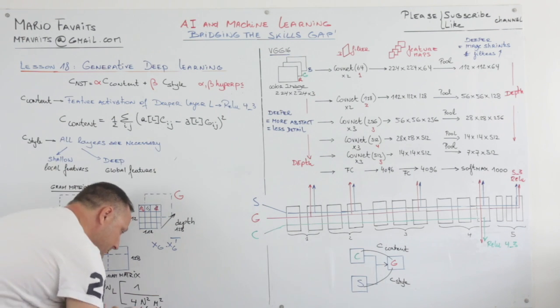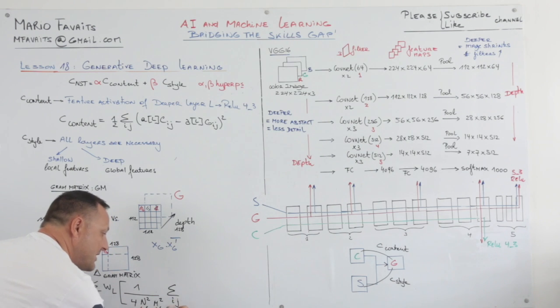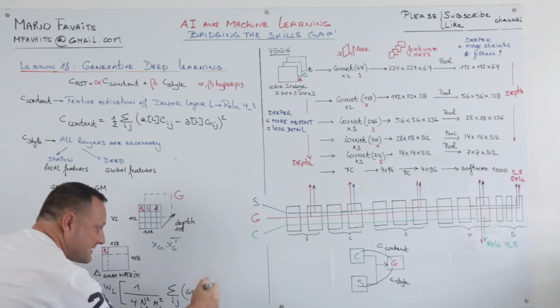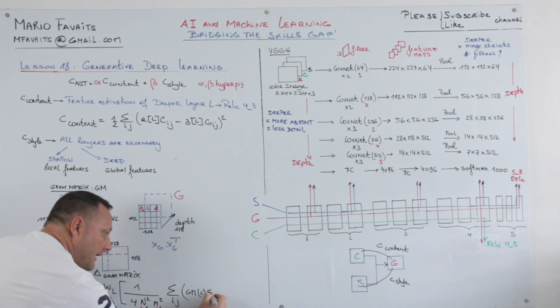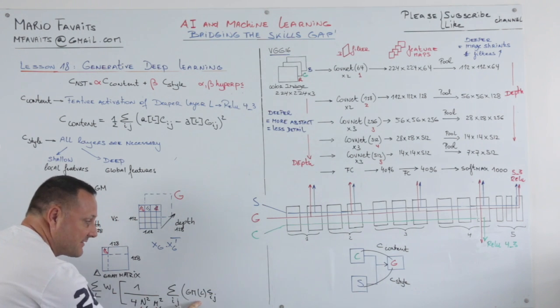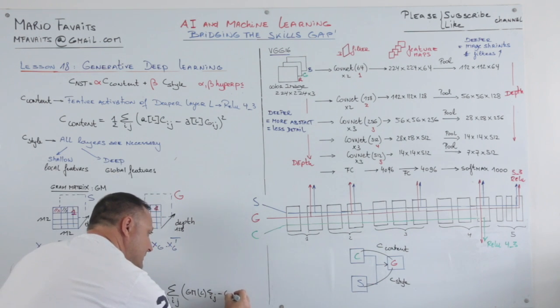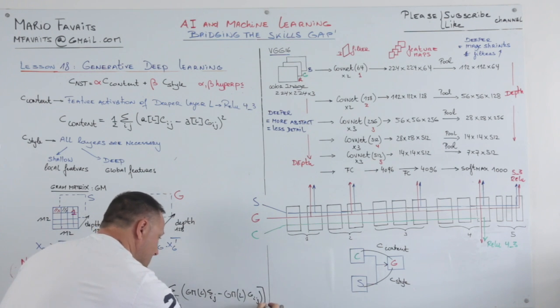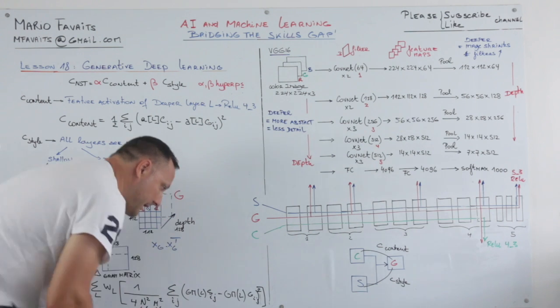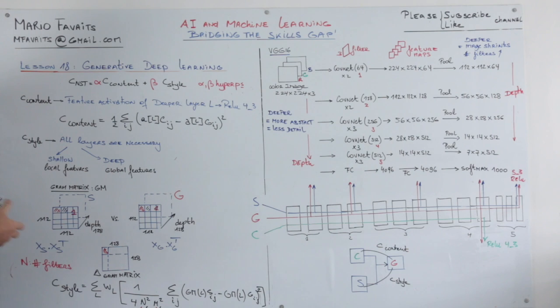Alright, and then we have the other sum over i and j, where we basically take the gram matrix in a layer L of the style, Sij, and you subtract the gram matrix again with the same layer L of the generated image, and here again you take the square, and this is this matrix.